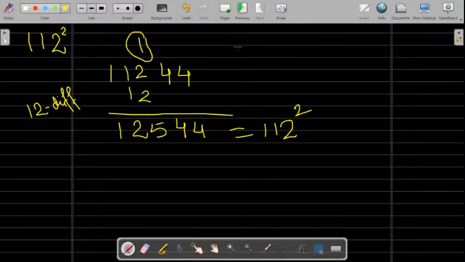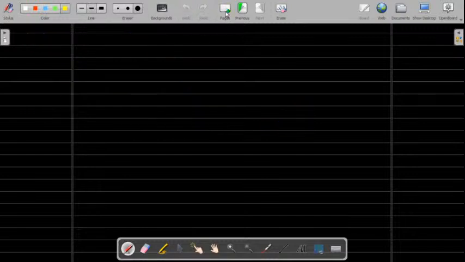Right? So yeah, let us take one more example. 114 square, right? Again the same strategy. How much is the difference? The difference is 14, right?